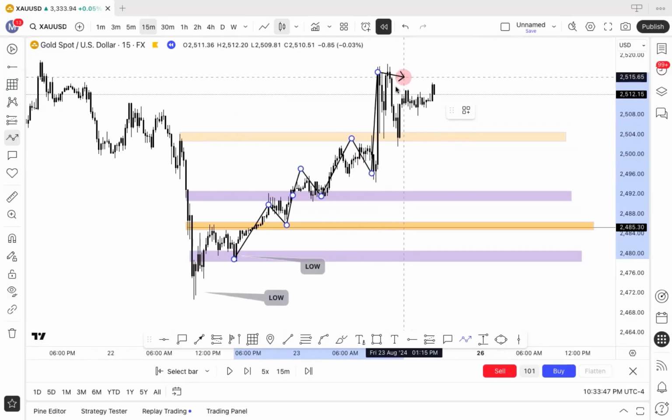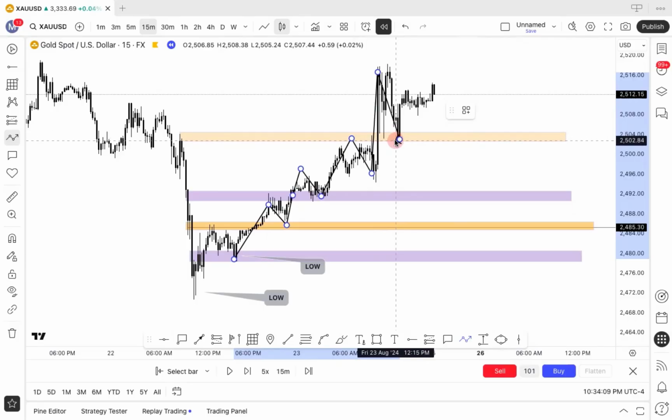Then what happens here? We come back and test this level, right? So what is this now? After we broke it here, this zone becomes what? Support, which is why we could get in for buys here, right? We held here. This is now support.